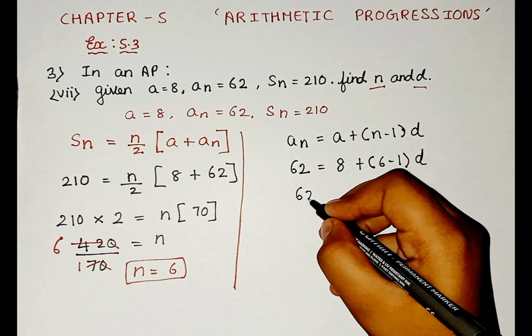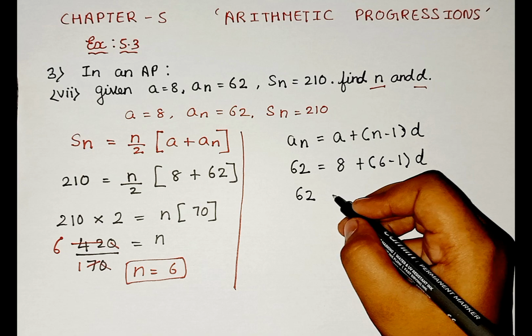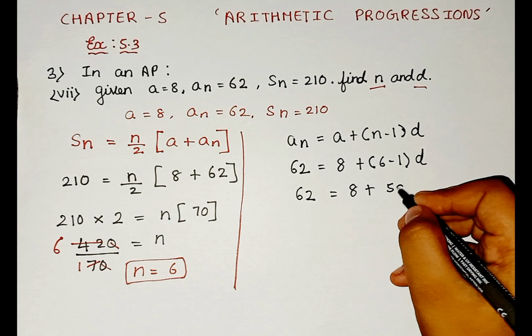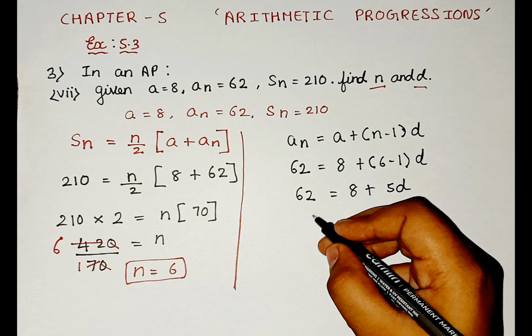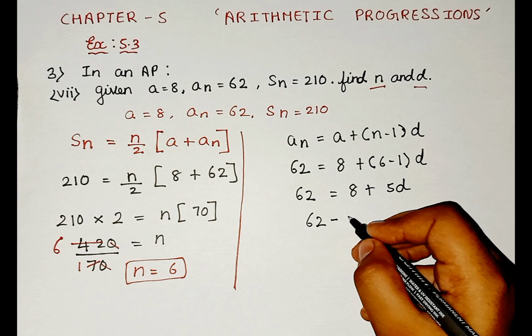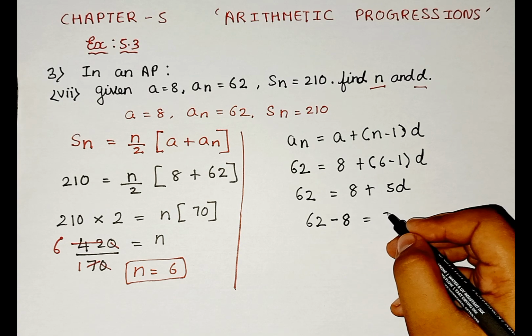So 62 as it is, is equal to 8 plus 6 minus 1 is 5, so 5 into d. Alright, so 62. When 8 comes to this side, it changes into minus, and is equal to 5d.